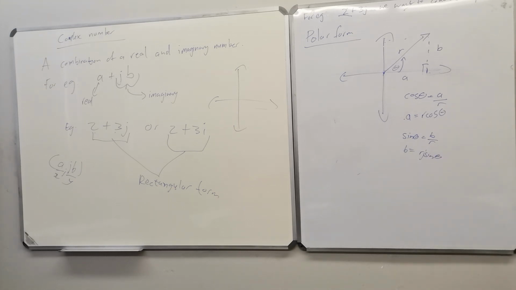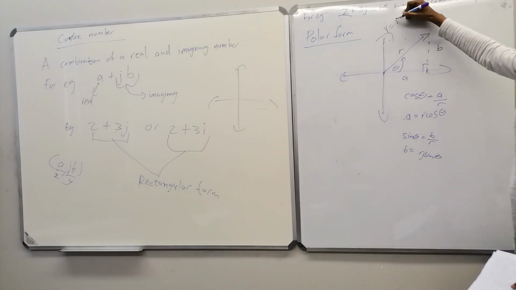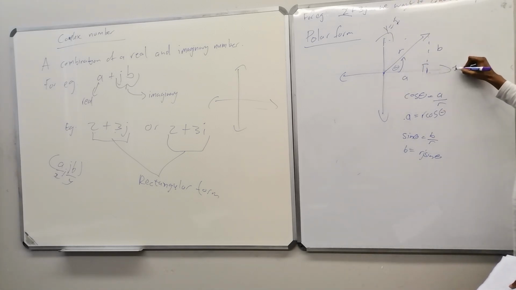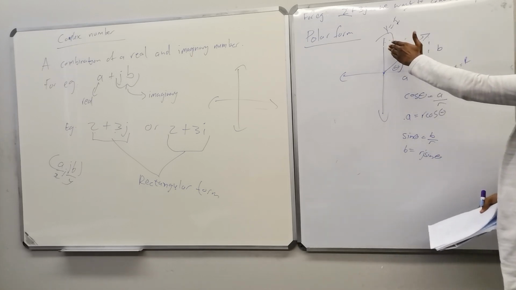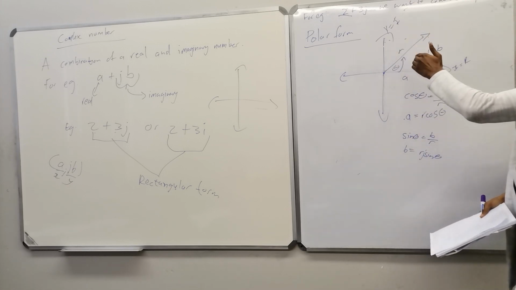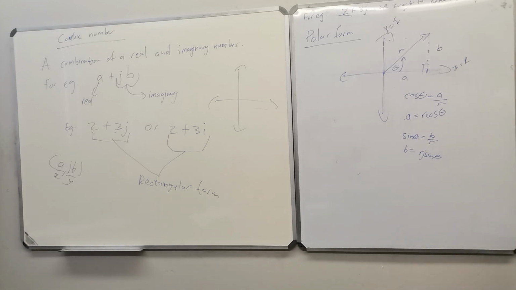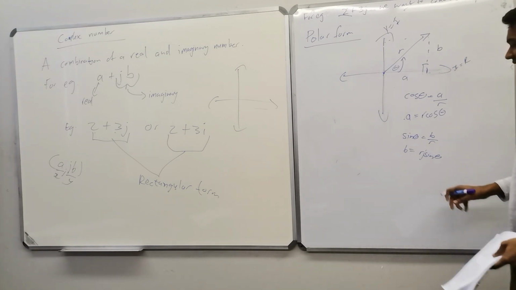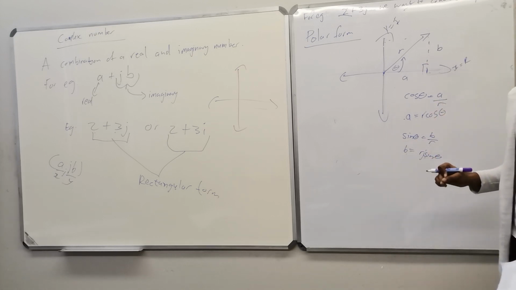Remember I said Y is imaginary, X is real. If I don't show the J's here, you already know it's meant to be J. If it's 2, it's 2J. If it's 1, it's 1J. If it's 3, it's 3J. Because B is imaginary, you have to put the J there to show.